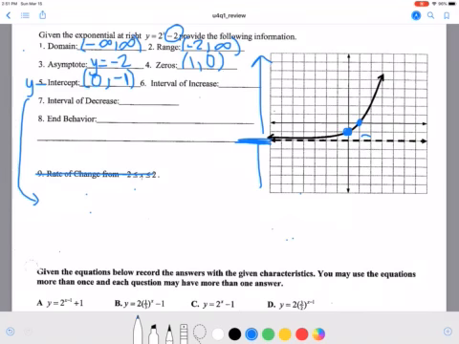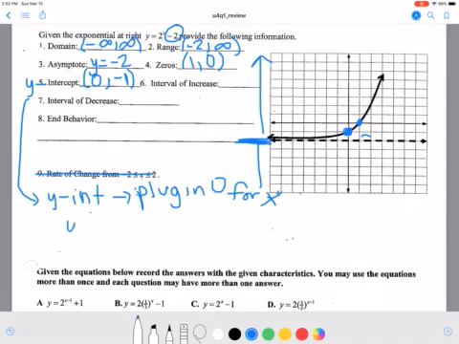So remember, to algebraically find the y-intercept, we need to plug in 0 for x. Remember, the y-intercept is going to be when x is 0, whereas it crosses the y-axis. So plug in 0 for x.